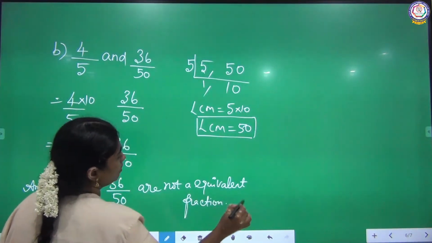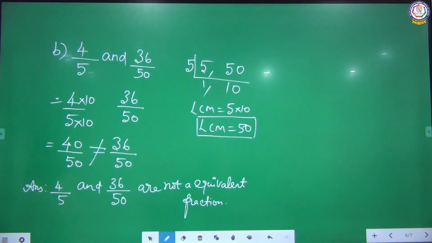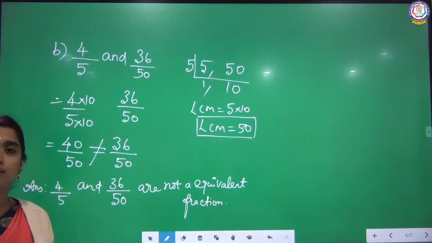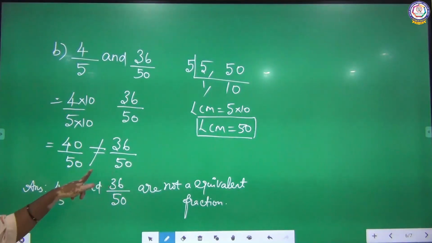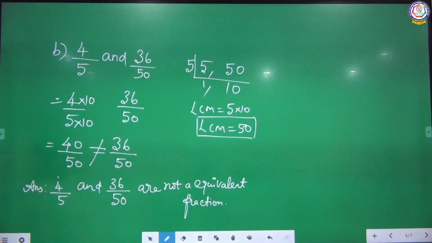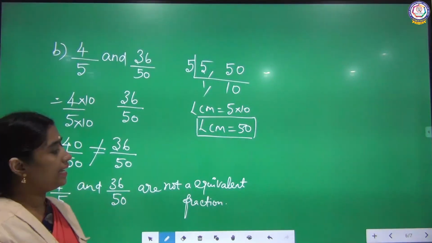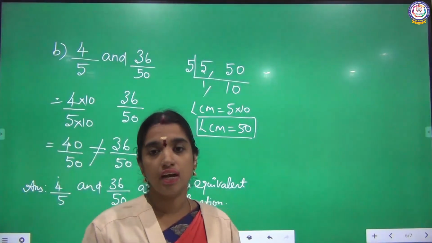See, you have to compare the two fractions and you have to make your denominators the same. How can you make your denominators the same? By doing the LCM. After finding the LCM, your denominators are the same. Now go and compare the numerators. 40 and 36 are there. So 4 by 5 is not equal to 36 by 50. Any doubt in this, children?